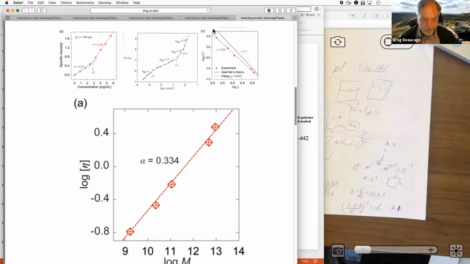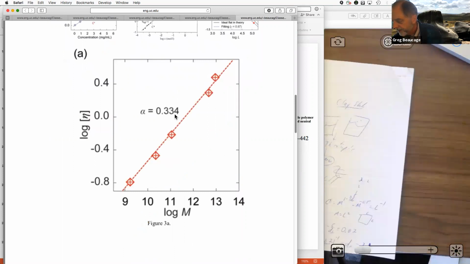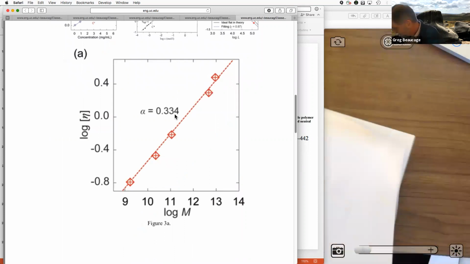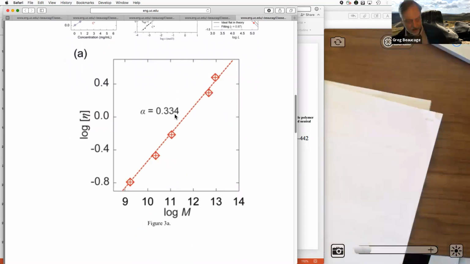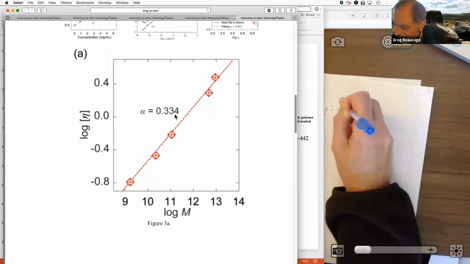So that's one way that he goes at this. The other way is to take the intrinsic and find out what his Mark-Houwink coefficient is. So the Mark-Houwink is the same deal, right? You have viscosity equals K times M to the a.